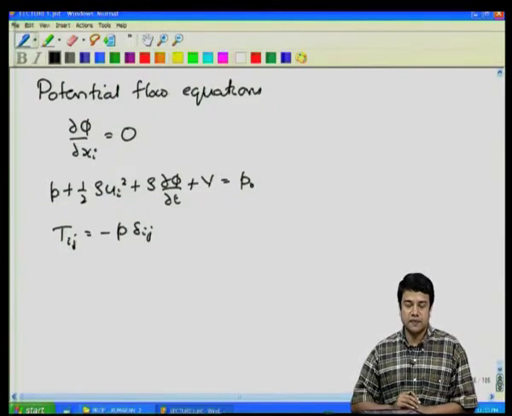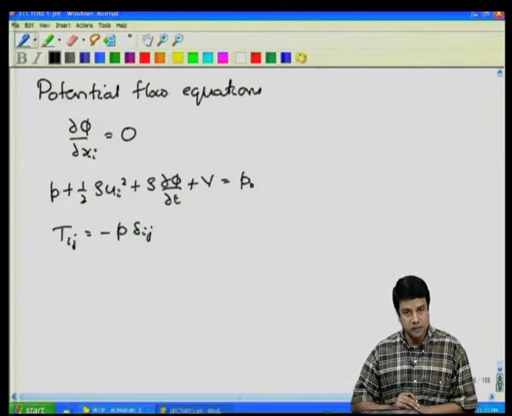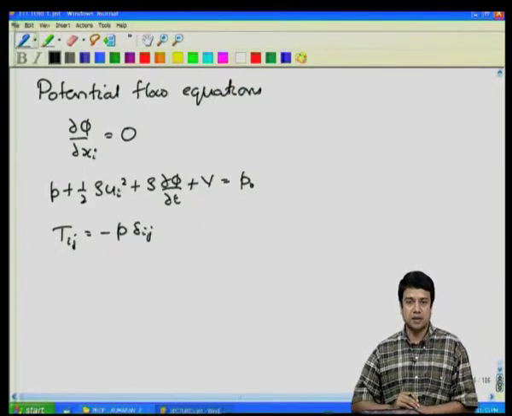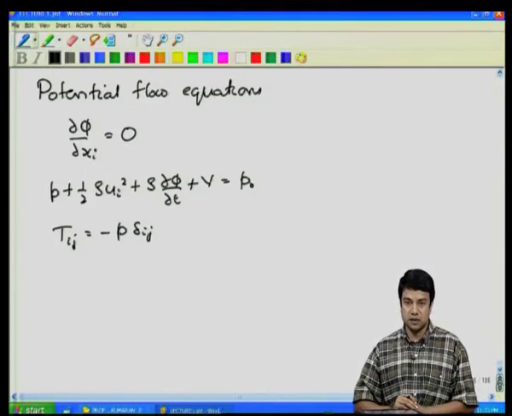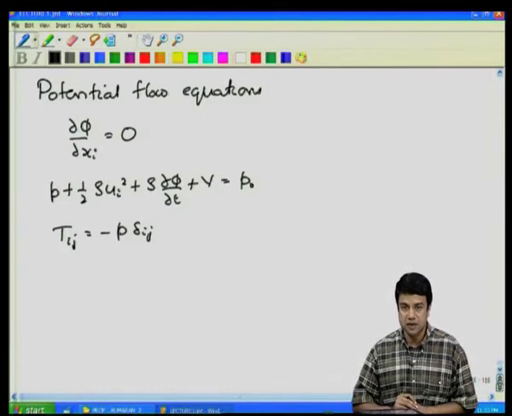In addition, we have neglected the viscous term in the conservation equation. The viscous term contained the highest derivative, the second derivative of the velocity with respect to position. When we neglected that viscous term, we can no longer apply all the boundary conditions that were there in the original problem. As I said, originally for the Navier-Stokes equations, it is a second order spatial differential equation in the velocities.